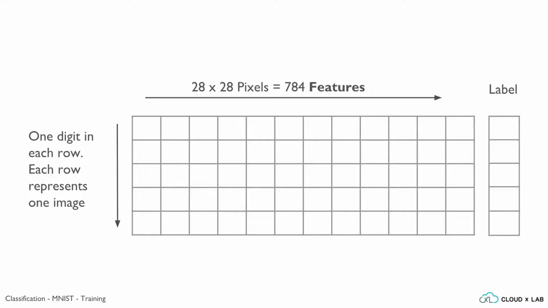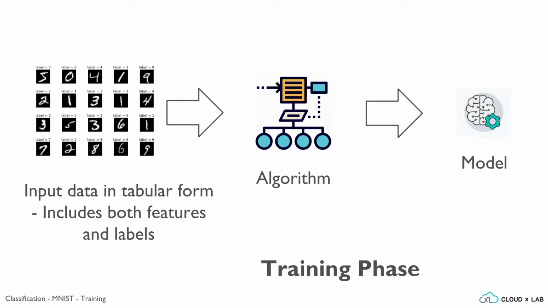So each row will have 784 columns, hence 784 features. The MNIST dataset can be represented in tabular form, where each row represents one hand-drawn digit, and the value of each pixel in the drawing is a feature. Now we know the features and the label, and we have represented them in the tabular form. We feed this data to the algorithm, and the algorithm builds the model.